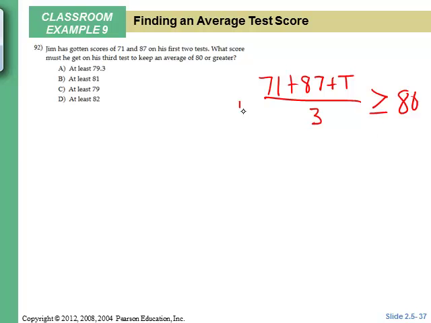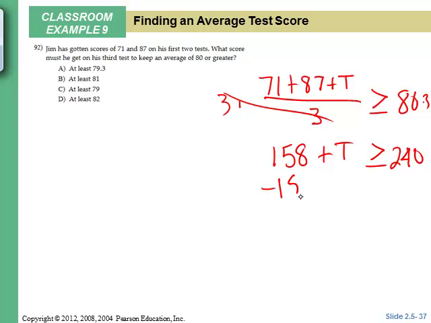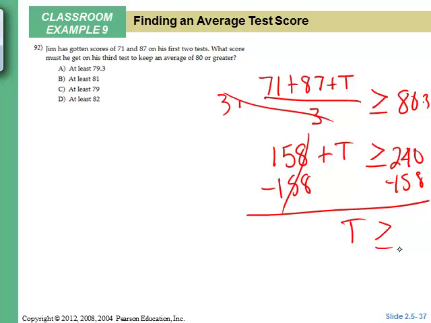Multiply both sides by 3, and we get 71 and 87 is 158, plus t is greater than or equal to 240. Subtract 158 from each side, and we get t is greater than or equal to 240 minus 158 is 82.